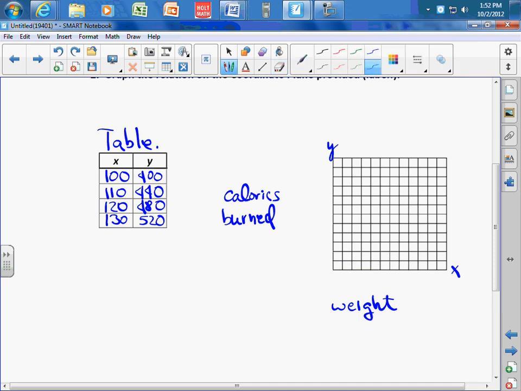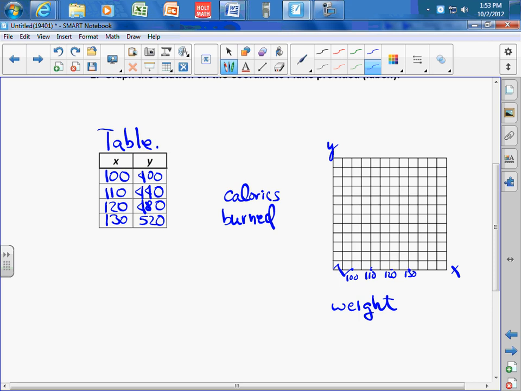What I will do is I will put 100 here. I'm going to skip a line and put 110 here, 120 here, and 130 here. And the reason why I get to get away with that is that I'm going to put a break here. And what that means is that I'm skipping the numbers 0 to 100. And I pick up with 100 here. Here's 110, 120, and 130.